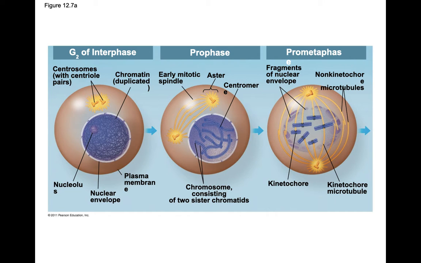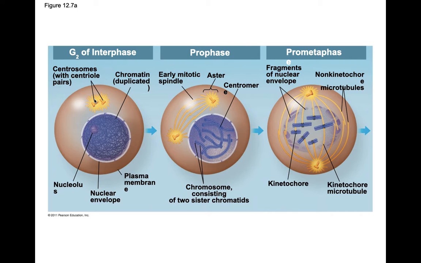Now, in terms of the steps of mitosis, generally we can start with G2 of interphase, and during that time, we're going to have our chromatin that's been duplicated in the nucleus, and they might start to be condensed or organized. That's going to happen by the time we enter prophase.